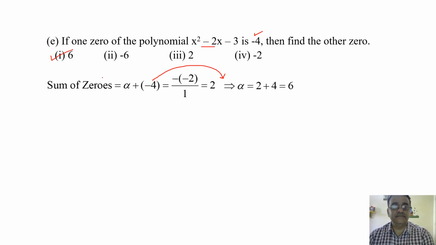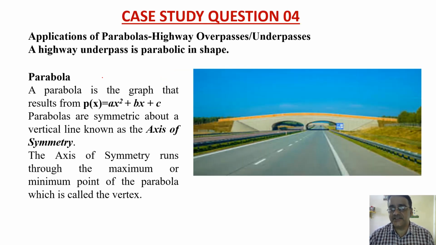First option, right? Now we are moving toward the next case study question, number 4. Application of parabolas, highway, overpasses, underpasses. Have you seen any this type of structure? देखे हो ना? ये पैराबोला शेप में होता है, देखो ये डाउनवर्ड पैराबोला है, अपवर्ड नहीं है.